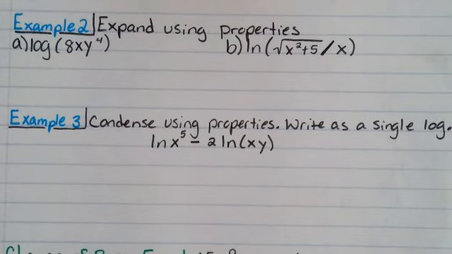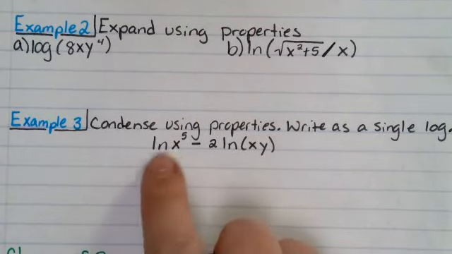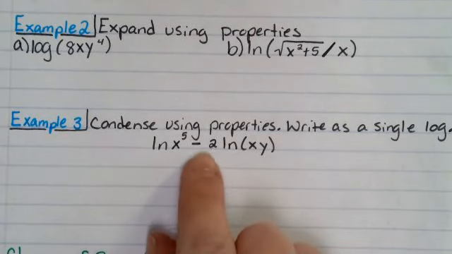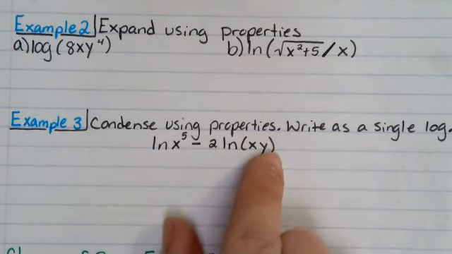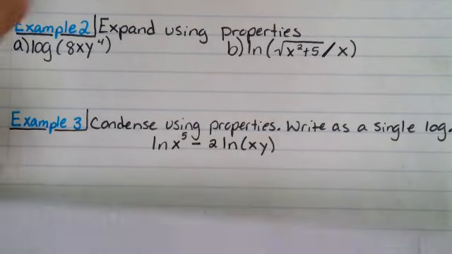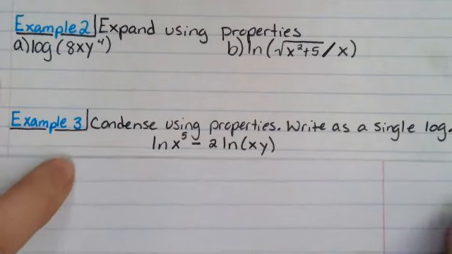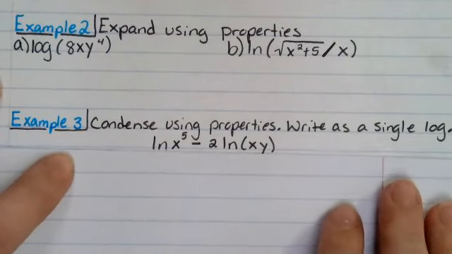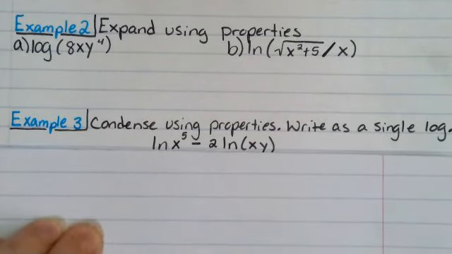All right, so you won't see those separate terms like that. You're going to see it written only as one natural log in the whole thing at the end. Okay, so this says natural log of x to the 5th minus 2 times the natural log of xy. All right, so remember we are supposed to be condensing this, trying to write it as one log rather than keeping it separate as 2.